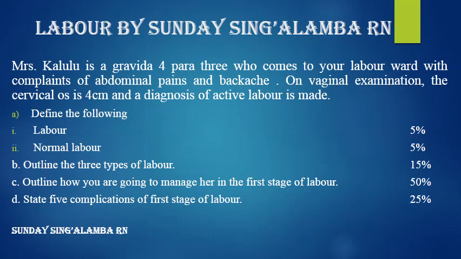From the aims, you go to environment. The woman who is in her active phase of labor will be managed in the labor ward. The environment should be well ventilated, clean, and should have a good lighting system. It is very important that we talk about that. From there, talk about psychological care or support system.